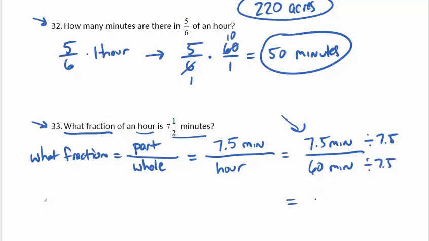In the numerator, I'll get 1. And in the denominator, 60 divided by 7.5. And so what fraction of an hour is 7.5 minutes? It's 1/8. And then we would say 1/8 of an hour.